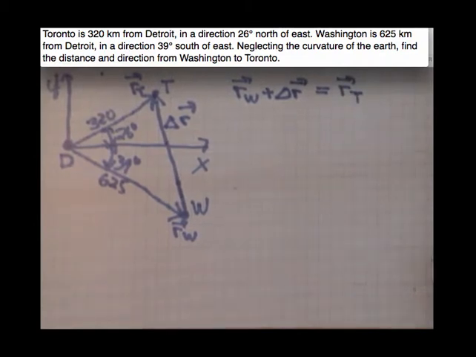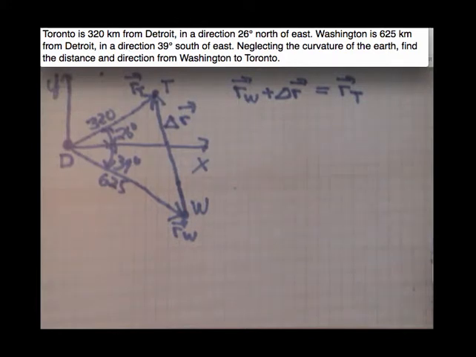So mathematically, the way we can write that statement is to say that the sum of the vectors r sub w and delta r is the same as the vector r sub t. In other words, if I start in Detroit and go through Washington and then take a trip to Toronto, I end up in Toronto.